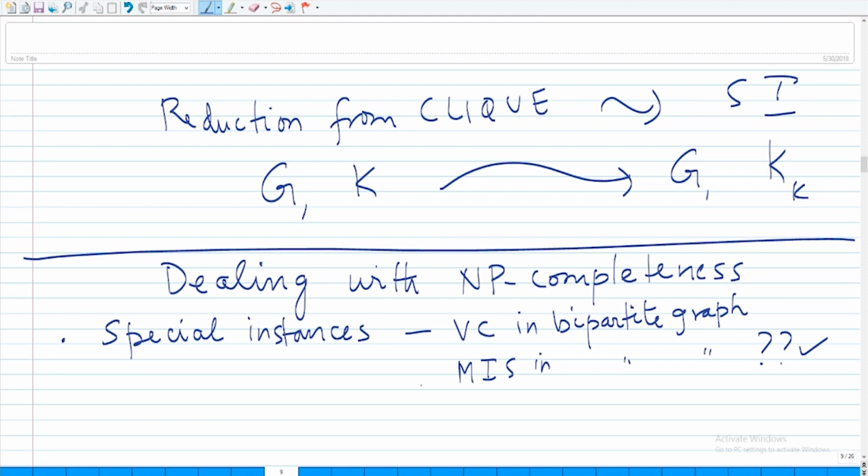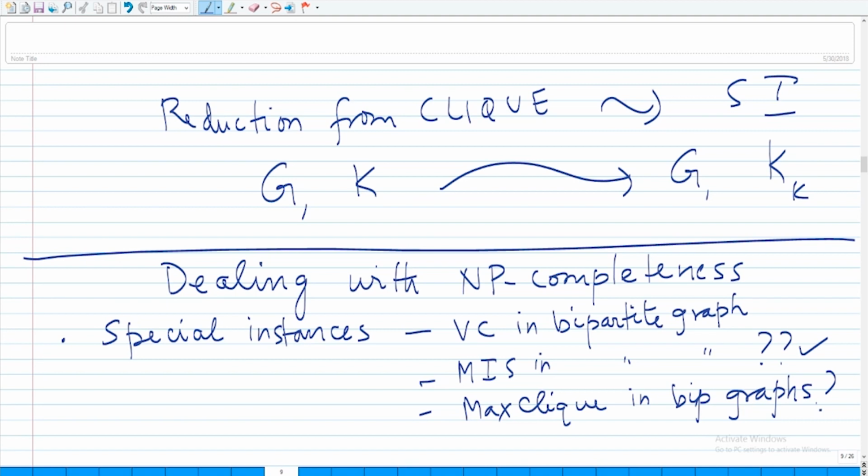Right? What about max click in bipartite graphs? Can you solve it in polynomial time? One idea is you can take the complement of the graph and solve independent set.